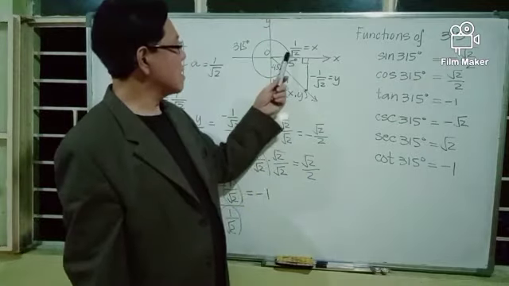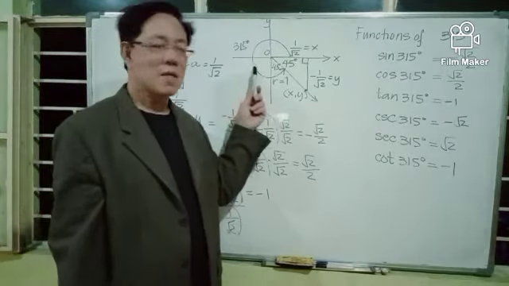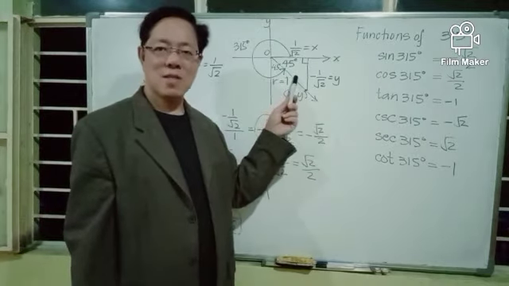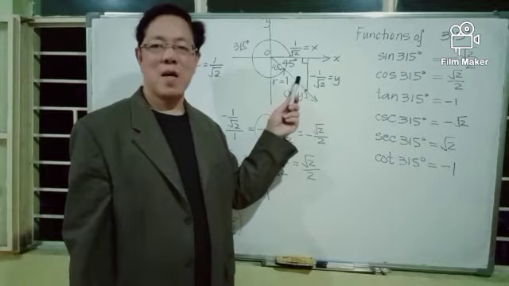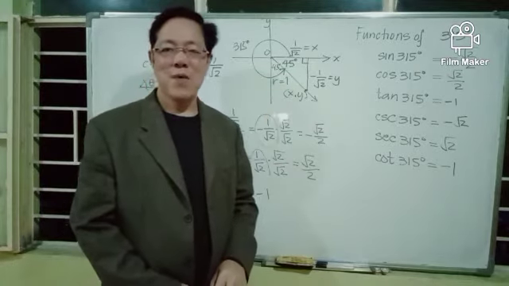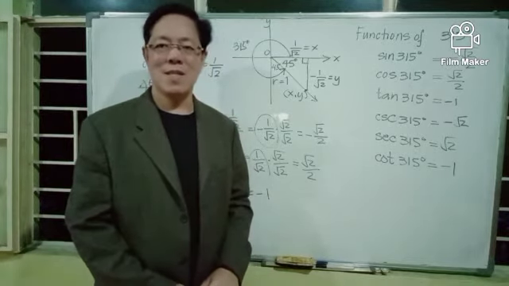Now we find the trigonometric functions of the given angle 315 degrees in terms of the trigonometric functions of the special angle 45 degrees. Now we will derive the functions of 30 degrees and 60 degrees.